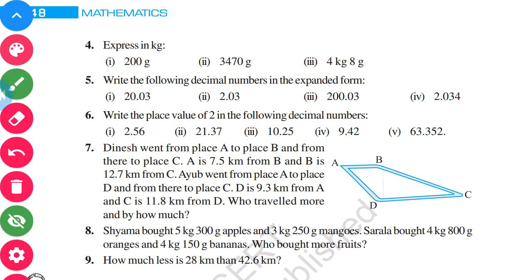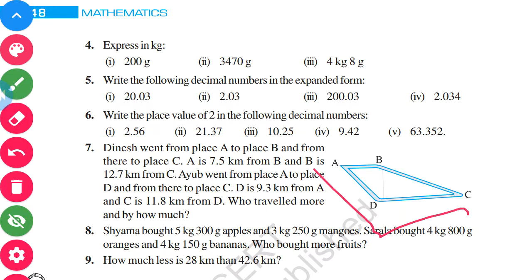Again they are asking us, Ayub went from place A to place D and from there to C. So A to D they have given here. What is A to D here?